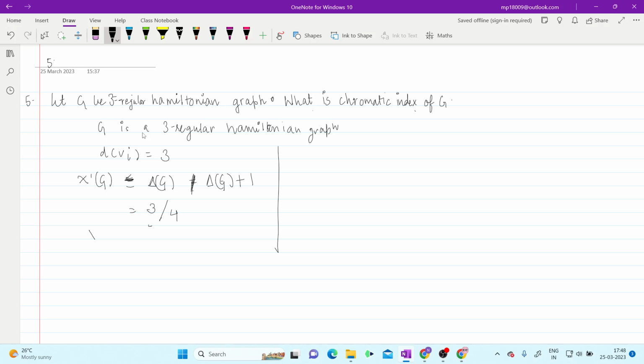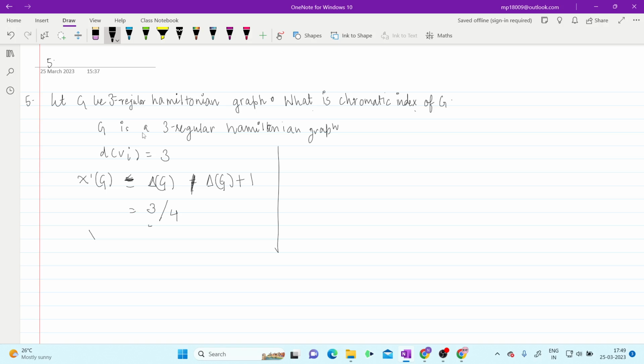What do we mean by a Hamiltonian graph? A graph with a Hamiltonian cycle. Yes.